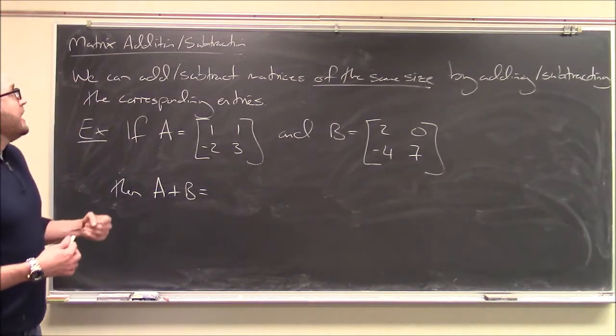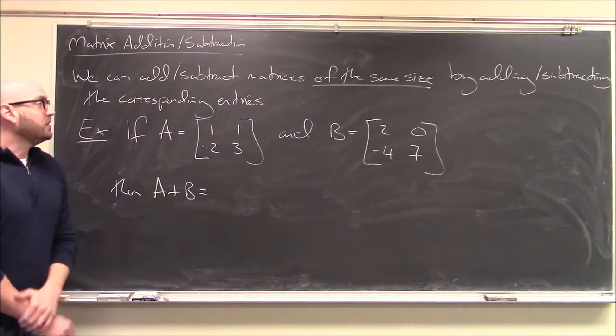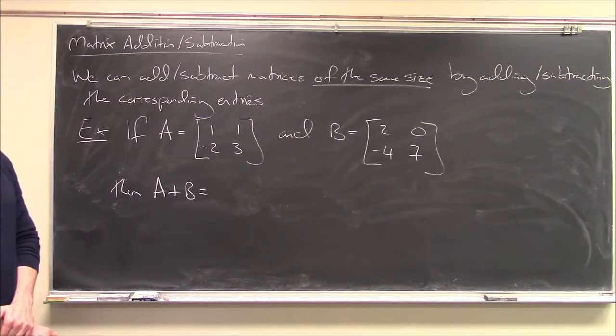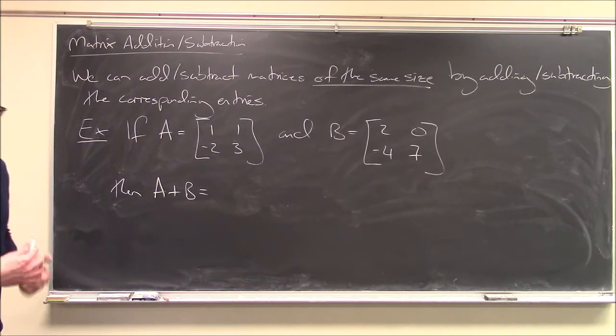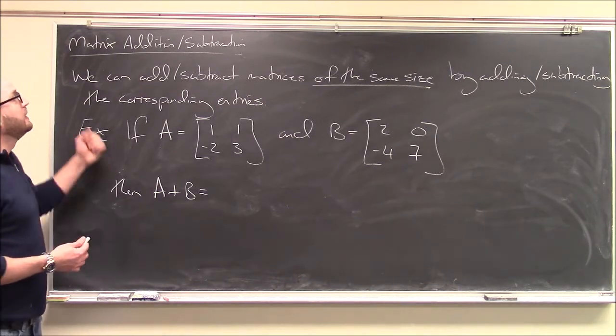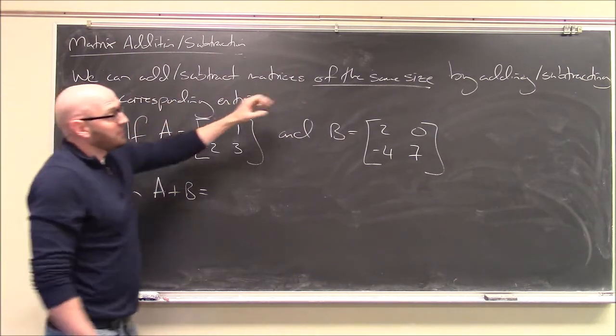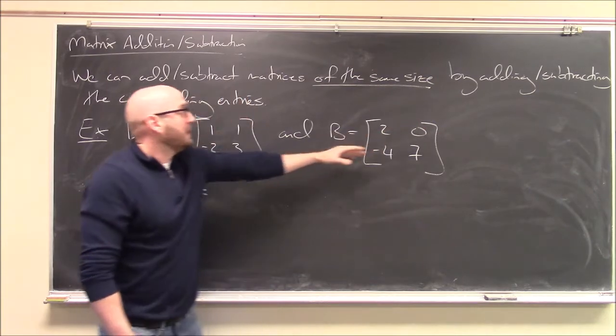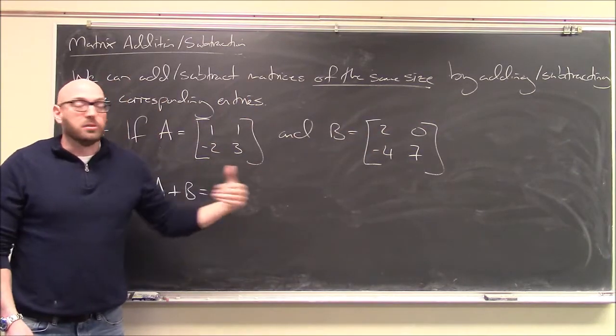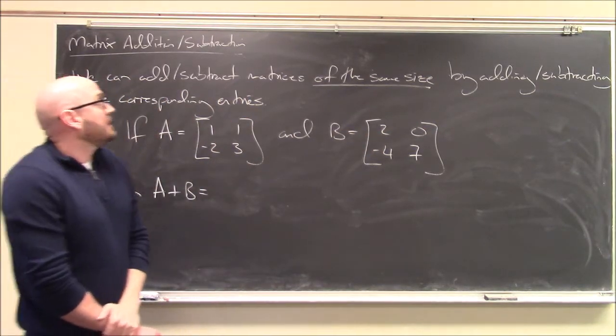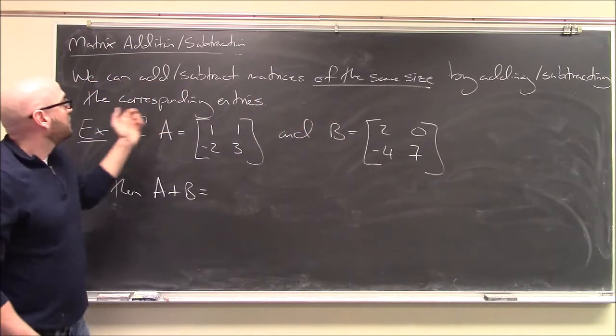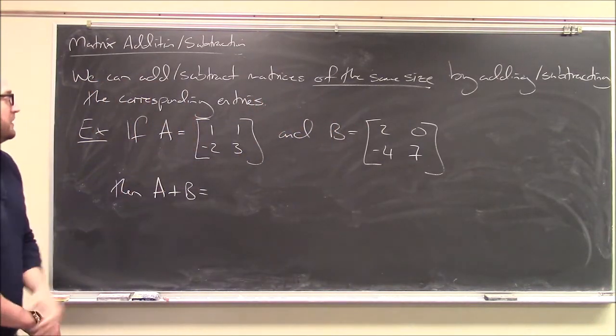For example, how do we define addition of matrices? And it's actually fairly easy. It's defined in the way you would expect addition and subtraction to be defined. So we can add or subtract matrices, and this is important, of the same size. If your matrices don't have the same size, you cannot add or subtract them. But we can add or subtract matrices of the same size just by adding or subtracting the corresponding entries.